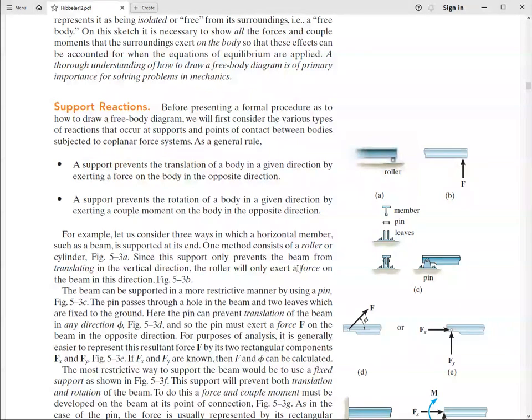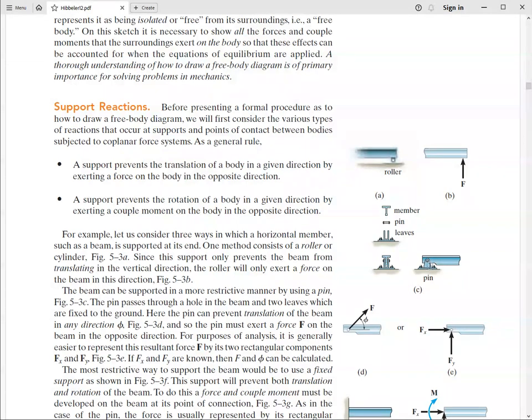All right, so there are several examples. The most common ones: roller contact with negligible friction. There's just a force perpendicular to the common tangent at the contact point.